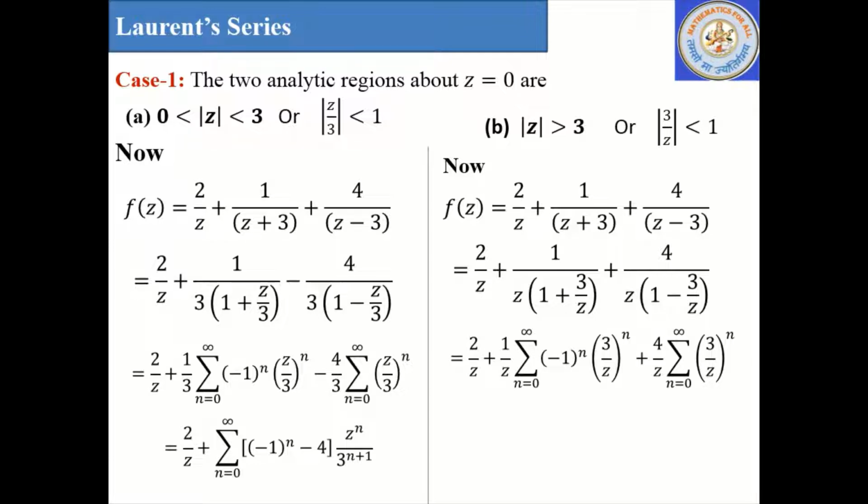It is 2 by z plus 1 by z summation (minus 1) to the power n, (3 by z) power n, and the last term is 4 by z summation (3 by z) power n, where n varies from 0 to infinity. Again we have taken the common term in summation form. In this way we got two Laurent series about the singular point z equals 0.